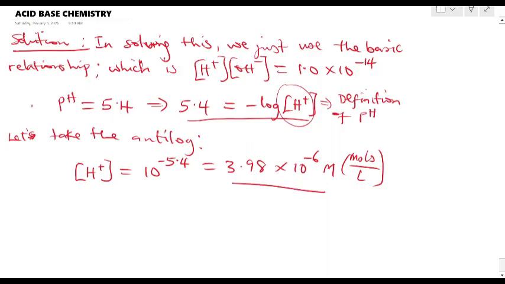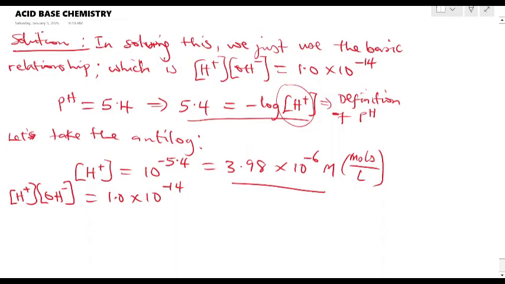So we also know this other relationship, that the hydrogen ion concentration and, applying the relationship we used, which is here, is equal to 1.0 times 10 raised to power minus 14.